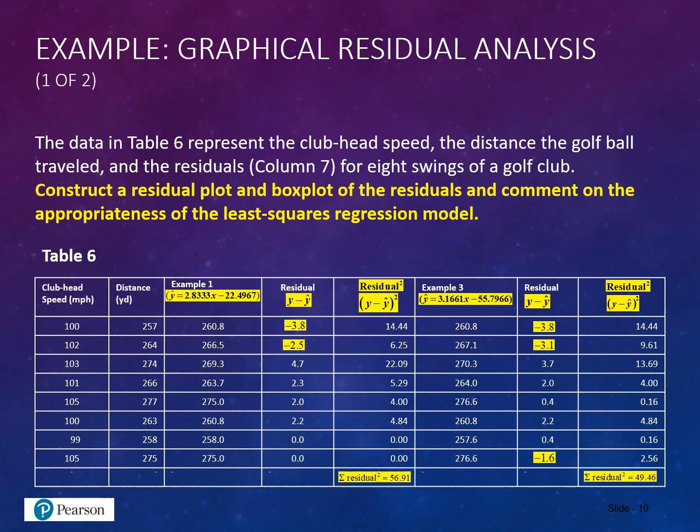Again, the data in the table is the club head speed, the distance the golf ball traveled, and the residuals in column 7 for 8 swings of a golf club. Here we want to construct a residual plot and a box plot of the residuals and comment on the appropriateness of the least squares regression model. Remember, if there is a pattern in the residual plot, then the least squares regression model is not appropriate.